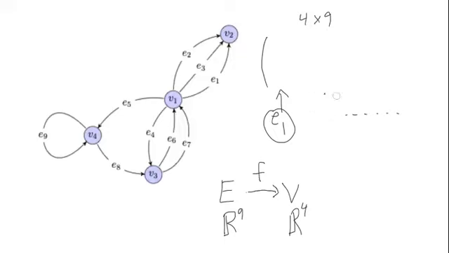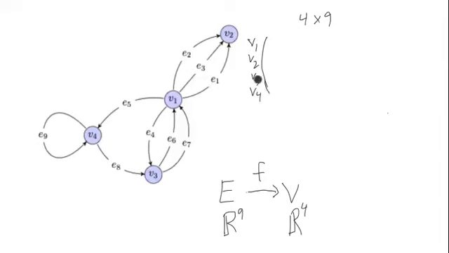Let's spell out how this is going to go, knowing that the first column is going to give us the image of E1. We're going to think about the output as being coefficients of V1, V2, V3, and V4.